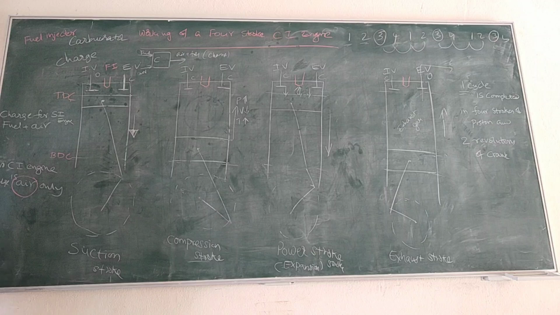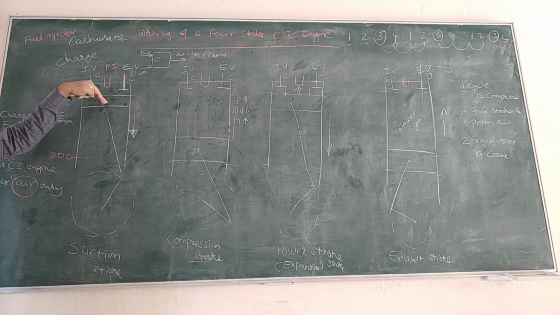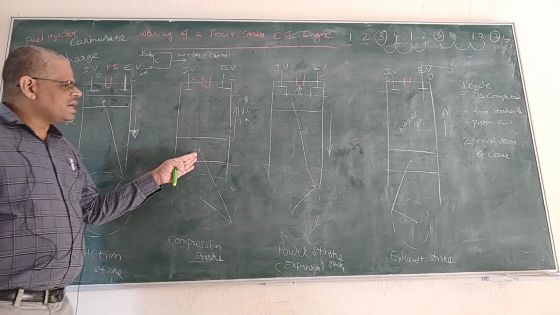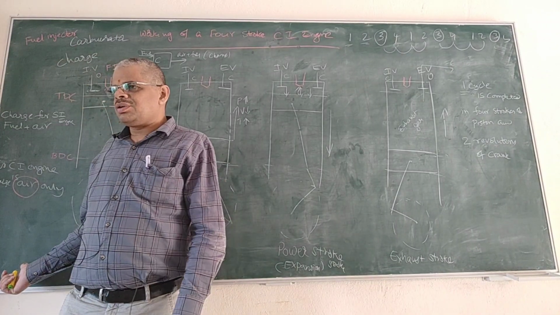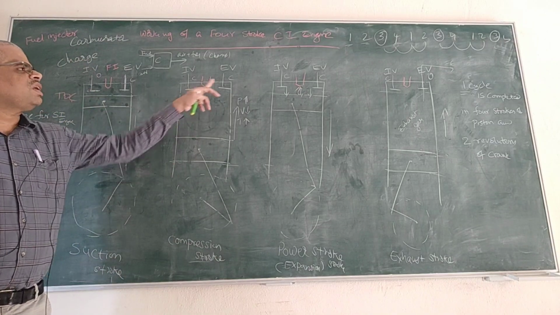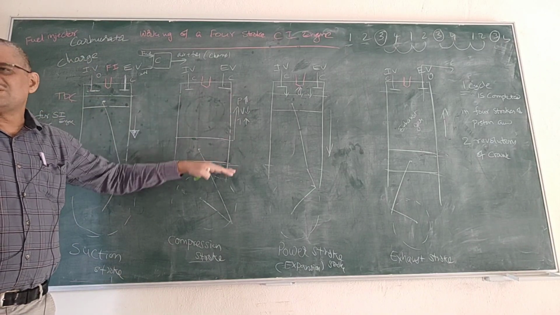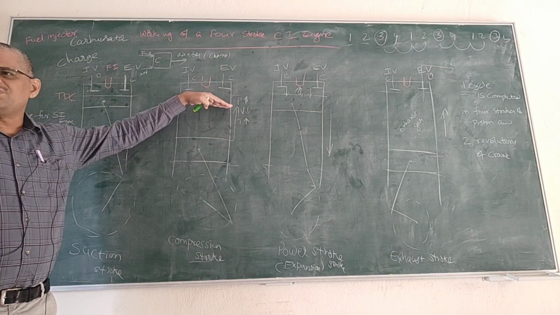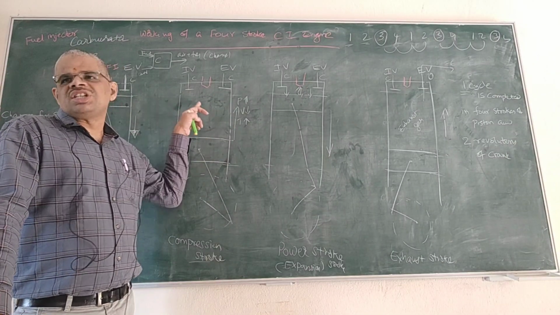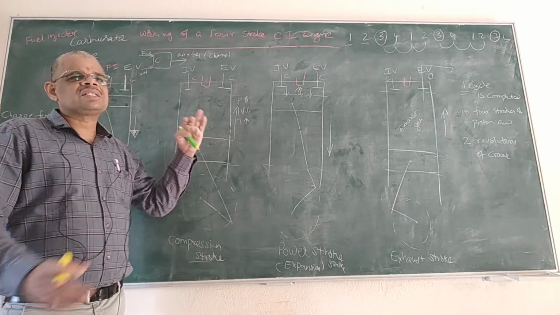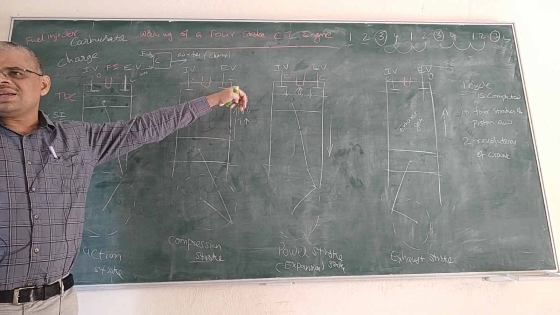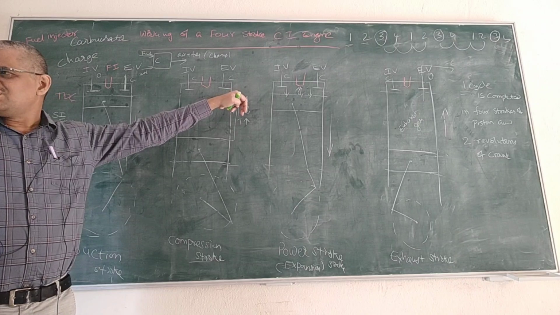That's all. So simply the air is taken inside as the piston moves downwards. This is called the suction stroke, as the air is sucked into the cylinder. In the second stroke both the valves are closed, and the piston moves upwards from BDC to TDC, and during this process the charge, that means air, is compressed, so that the pressure of the air is increased, and temperature also increased.